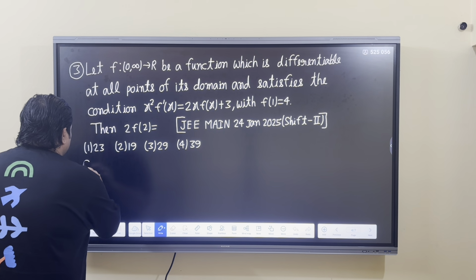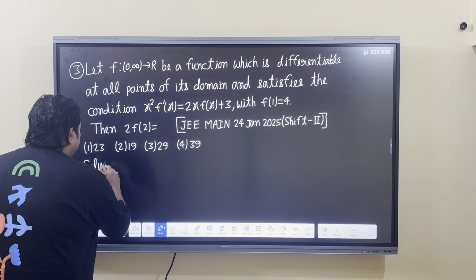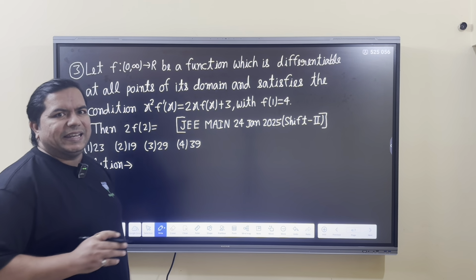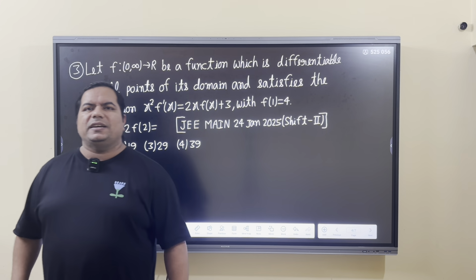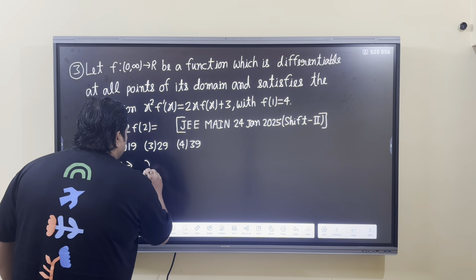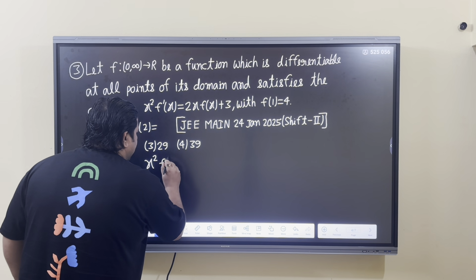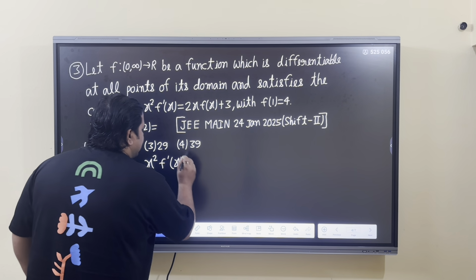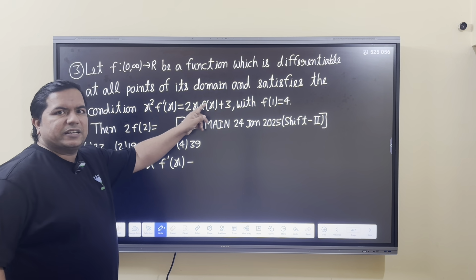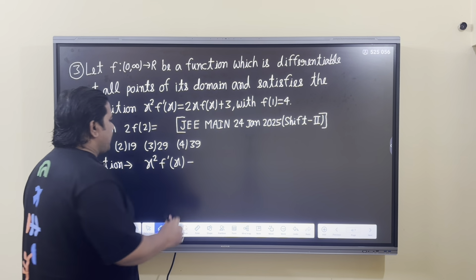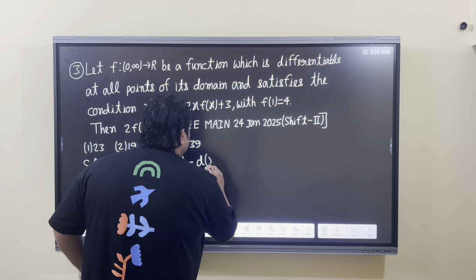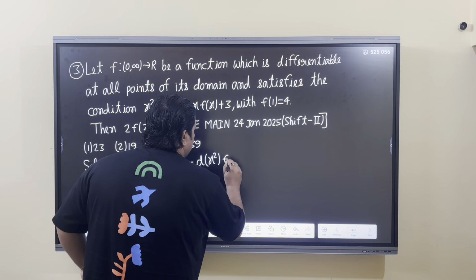So again we can solve it in an easier way. We know the formula x dy minus y dx by x square. So over here what we can do, x square f dash of x minus, x square differentiation is 2x, so this 2x f of x will transpose to the left, and we can write this as d of x square into f of x.